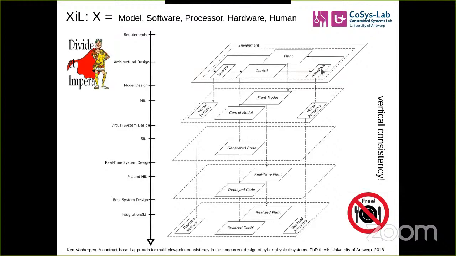So there is the splitting up of the problem, but now no longer in an architectural way, but going more and more towards a fully deployed or a fully realized system.